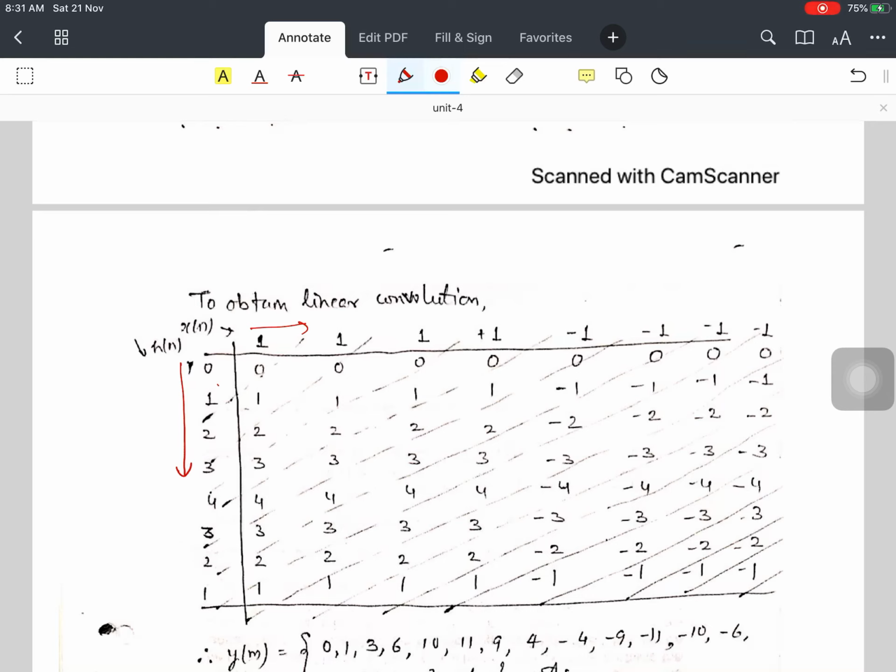Now, what you have to do? You have to separate this by a line. If I talk about the first one, in this way, you have to take these numbers in this manner.